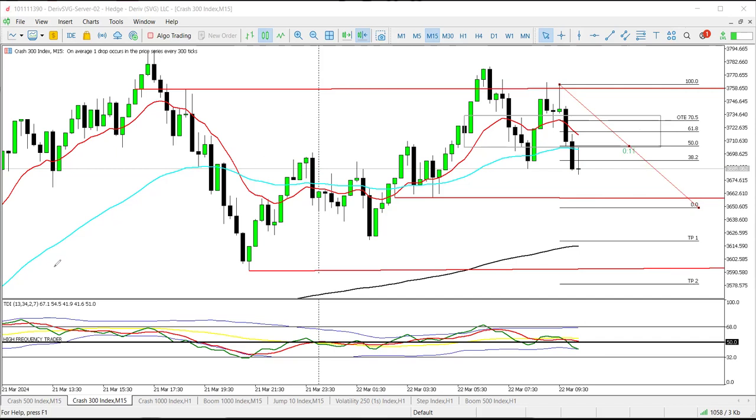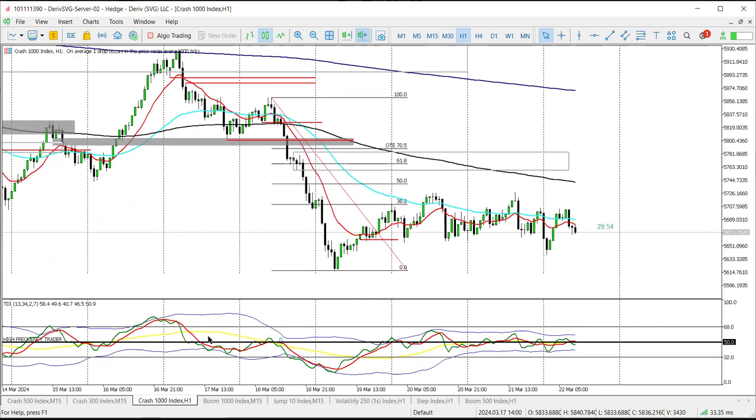So that's how I calculate my risk, and that is based on the smallest lot size which is applicable here, which should be 0.50. So I hope those numbers help. So that's my view on C300.